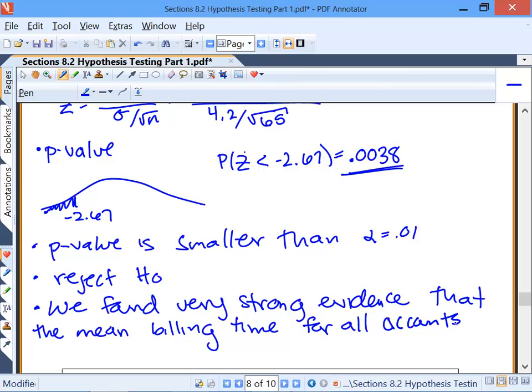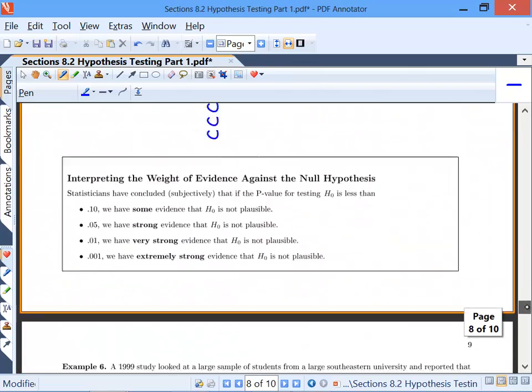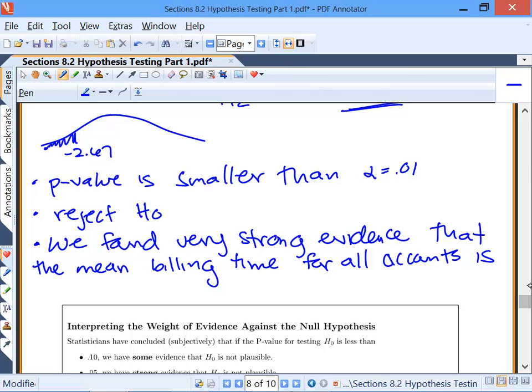Just make sure you put something in that makes me know that you're talking about a population. Is, let's see, so we rejected the null hypothesis. We don't believe that it's 19.5. We believe that it is less than 19.5. So, very strong evidence that the mean billing time is less than 19.5.